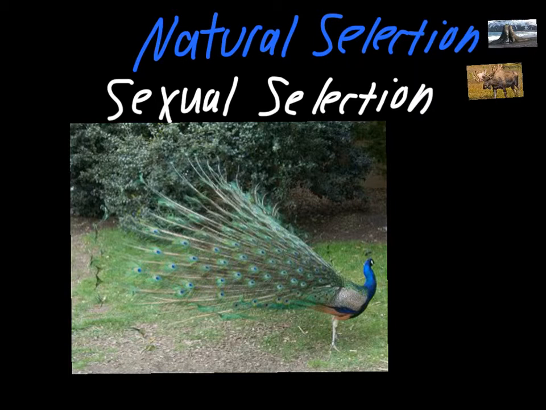We said the individual has to be well adapted to its environment to survive, and then it also has to pass on its genes. In this case, sexual selection gets a little weird because these guys are passing on more of their genes, but they might not actually be better adapted to survive in the environment. So it starts to muddy that line a little bit, but overall this is definitely something that we still see as a big factor for natural selection.